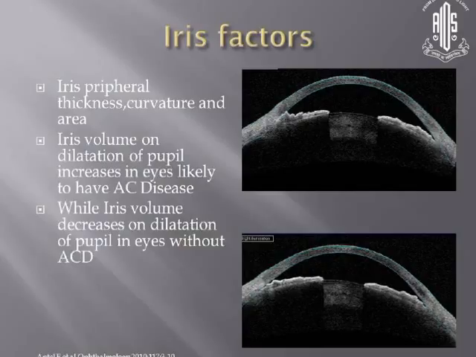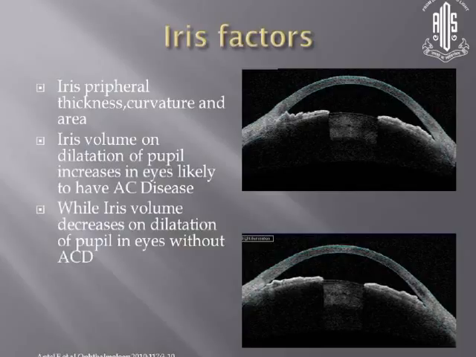When the pupil dilates, the iris volume obviously will go down. And number three, the most important thing, is that the majority of the patients who are prone to angle closure disease barely have crypts. Either they don't have the crypts or they barely have them. The majority of angle closure patients have a very thick peripheral iris without crypts.